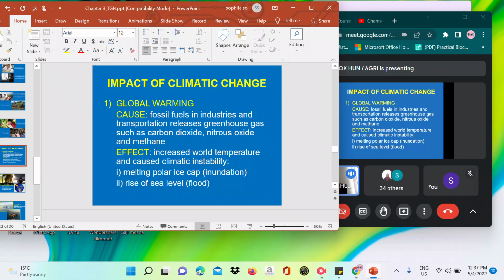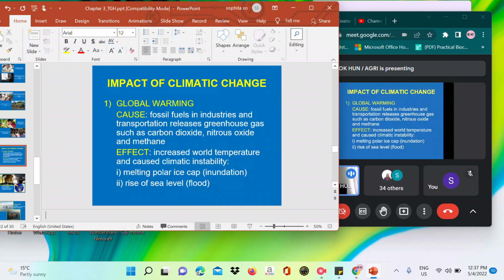What is the actual cause? It comes from industry and transportation releasing greenhouse gases like CO2, nitrogen oxide, and methane. These gases trap the heat and cause the warming of the whole globe. So that is the reason.